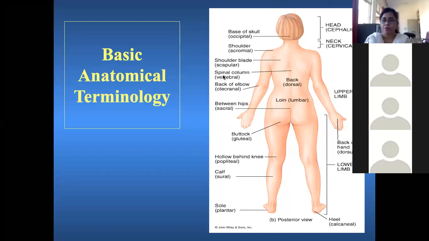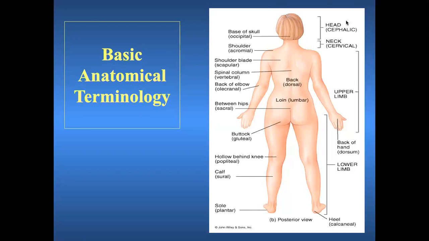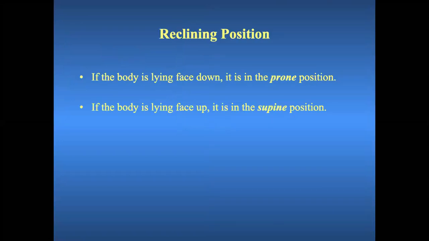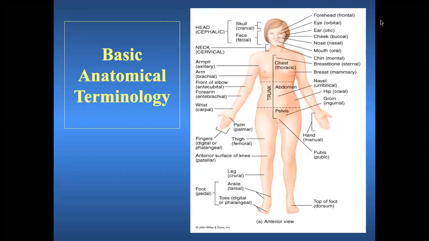So we are discussing various terms, as we had discussed. I hope you have heard about these regions. Forehead, frontal; eye, orbital; ear, otic; cheek region, buccal; nose region, nasal; mouth, oral region; chin, mental region.